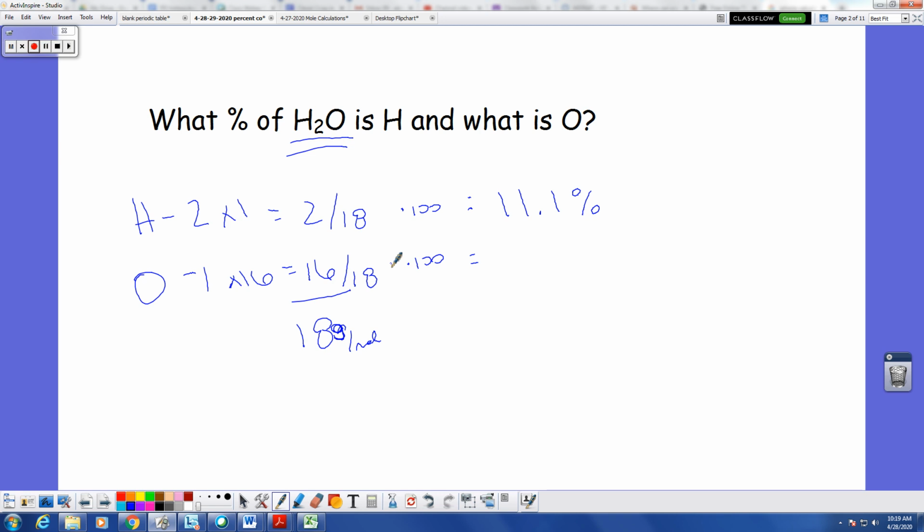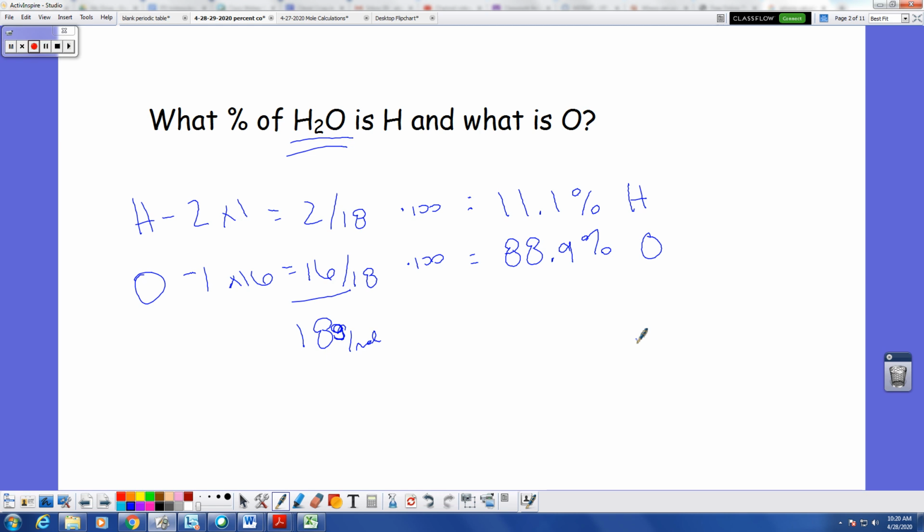And then 16 divided by 18 is 88.9%. Okay, and you can check your answers to make sure that they're reasonable by adding them together. And so I get 100% exactly. Okay, so this compound is 11.1% hydrogen and 88.9% oxygen.